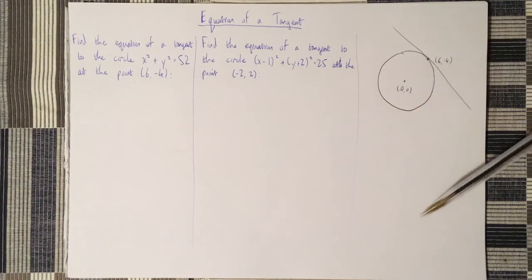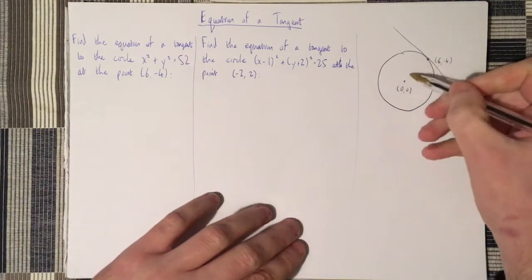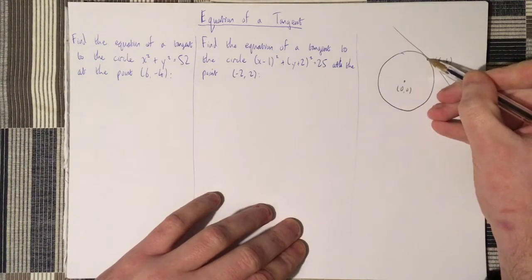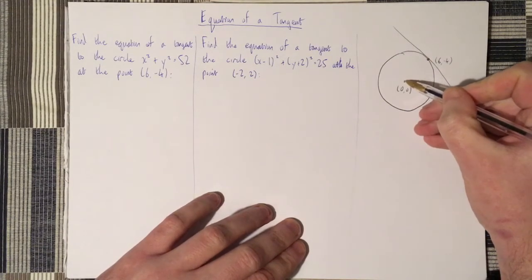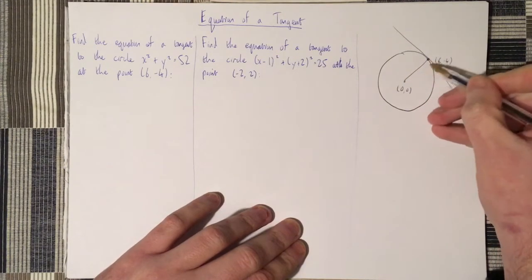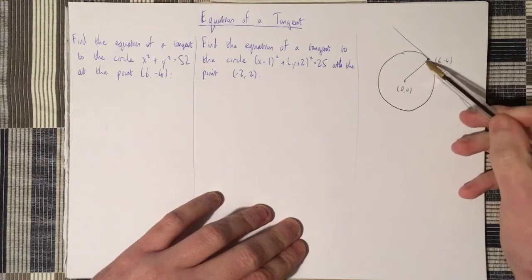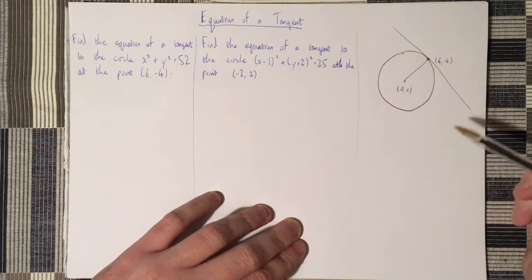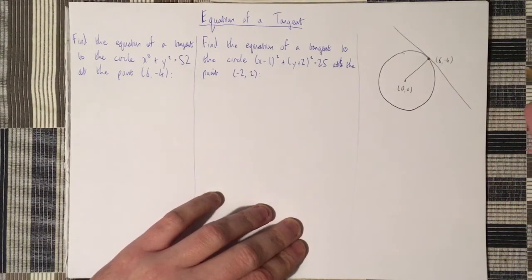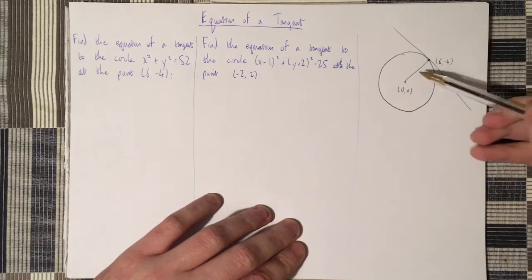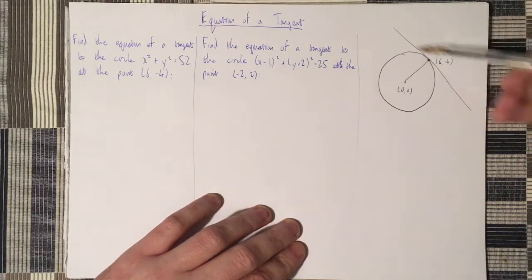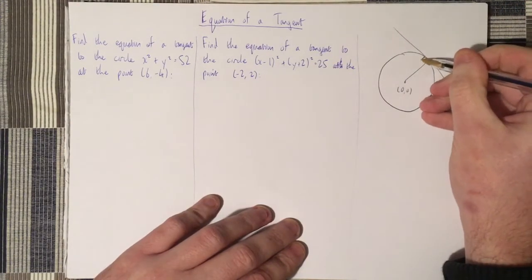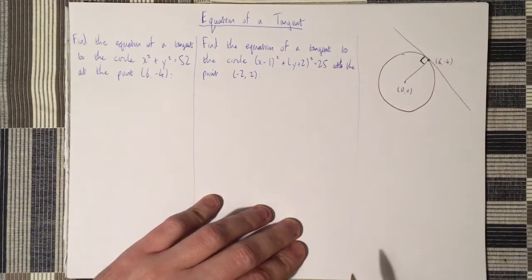However, what this relies on is that (6, -4) is on the circle and (0, 0) is the center of the circle. So if you join those up, you've got a radius of the circle. And one thing from geometry, which comes into coordinate geometry of the circle, that we need to remember is that a radius and a tangent always meet at a right angle.